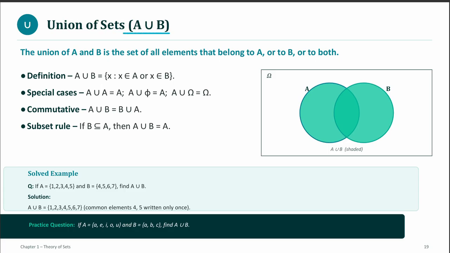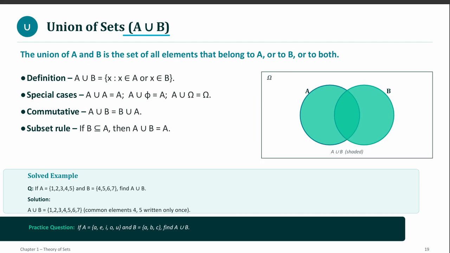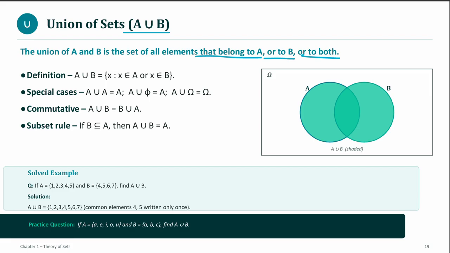So the union of sets is denoted by A union B. The union of A and B is the set of all elements that belong to A or to B or both. That basically refers to all the elements that belong to A or to B or to both.